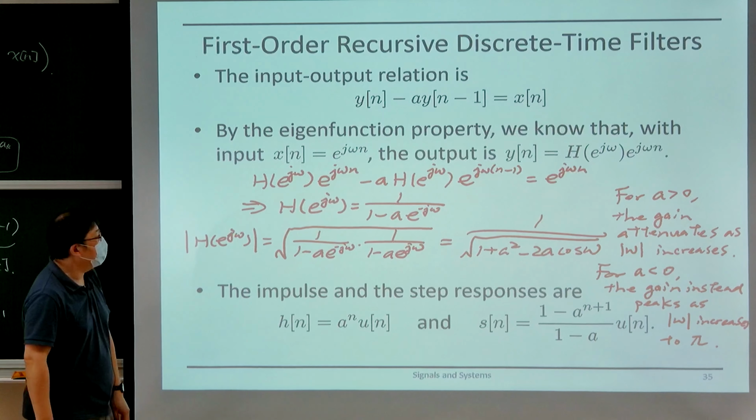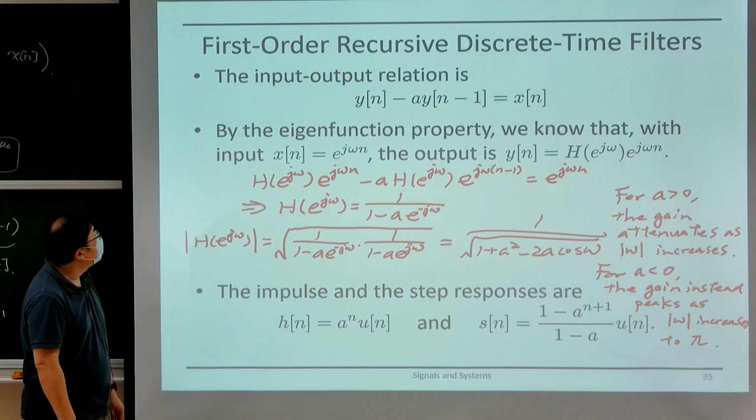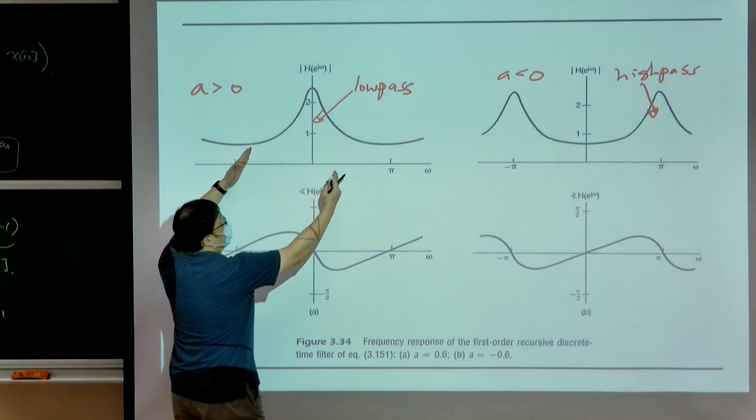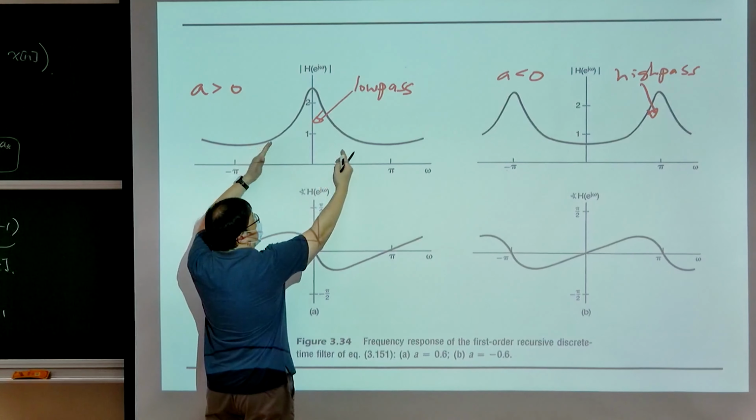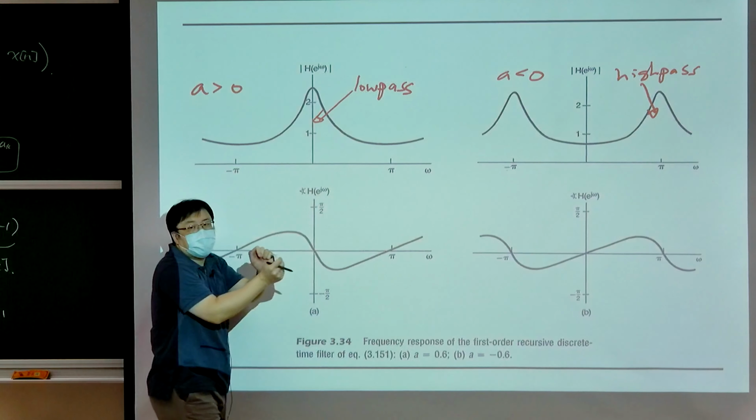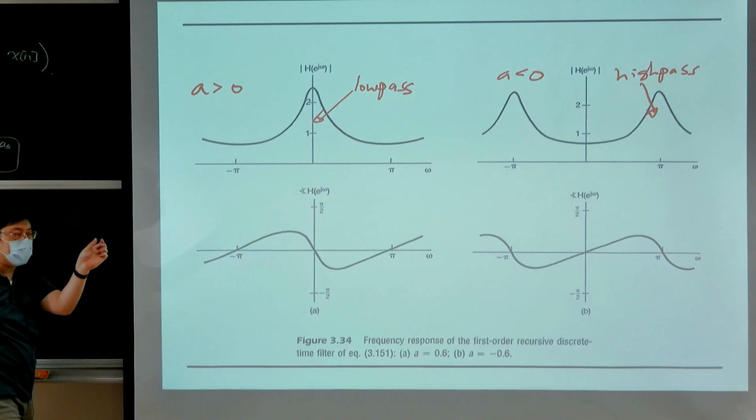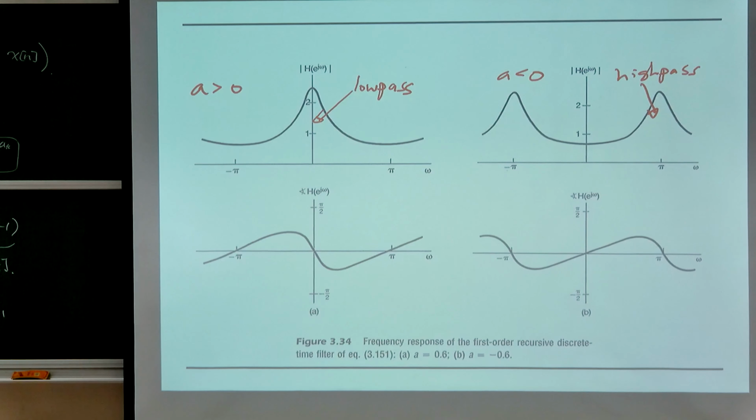So for a that is large, you will be able to obtain a low-pass filter with a narrower passband. You can be more specific about which frequency components you let through, but then you have to sacrifice the response time of your system. So again, this depends on which trade-off is more worth it in your application.